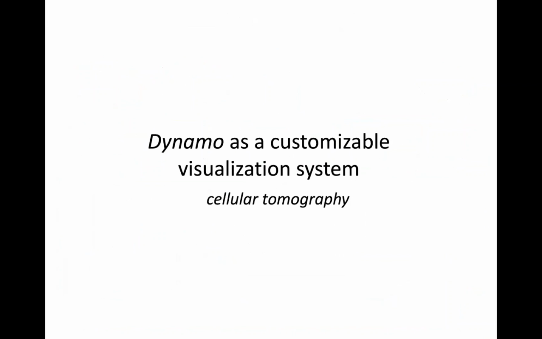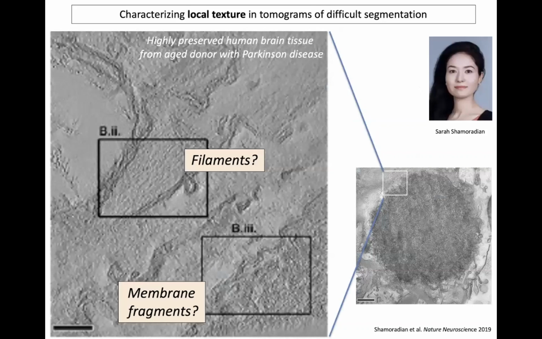And I just wanted to mention a couple of additional applications of Dynamo that we use in the group of Henning Stahlberg for characterizing local texture in tomograms in which the segmentation proved difficult. Here, these samples, which are highly preserved human brain tissue, we were interested in checking what was the internal structure of subregions in the tomogram.